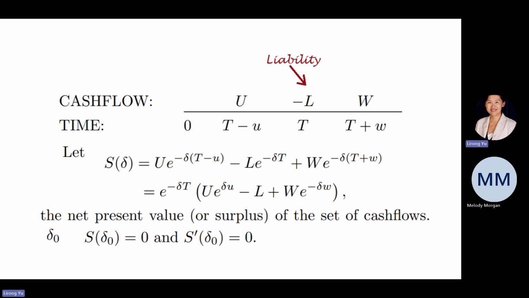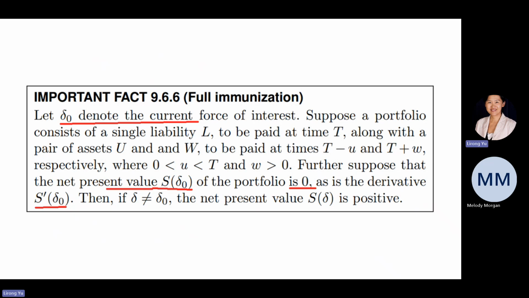So this can be done by setting up a system of equations. Okay, so here we see if you can satisfy that the net present value S of delta 0 equals 0, and then the derivative S prime of delta 0 also equals 0, then we're fully immunized against any interest rate change.